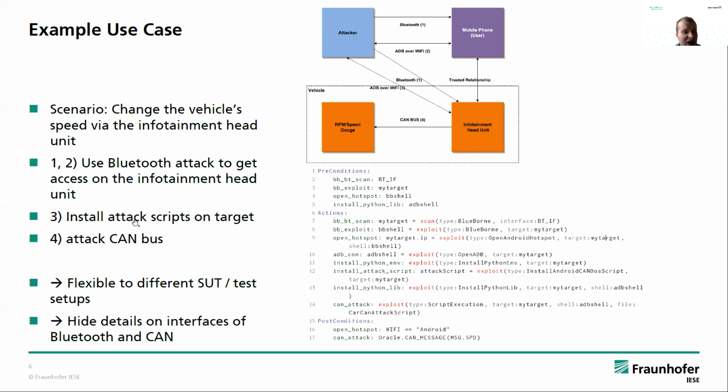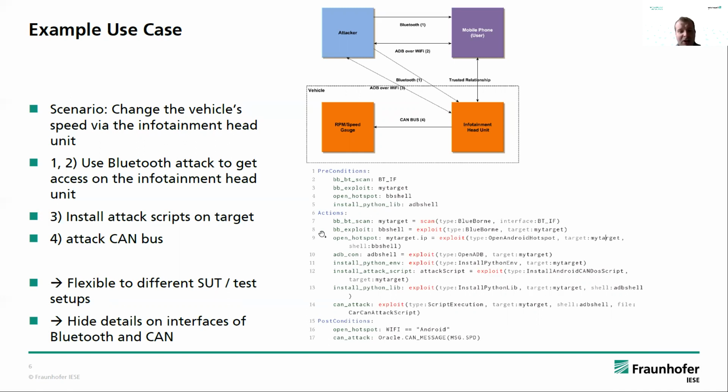After the attack scripts are installed, the CAN bus can get attacked, as you can see here with the command exploit, which gives a certain car CAN attack script. Within the example, it has been shown that ALEA can be used agnostic to the SUT, and also that we can use the pre and post conditions to react dynamically to different execution parts.